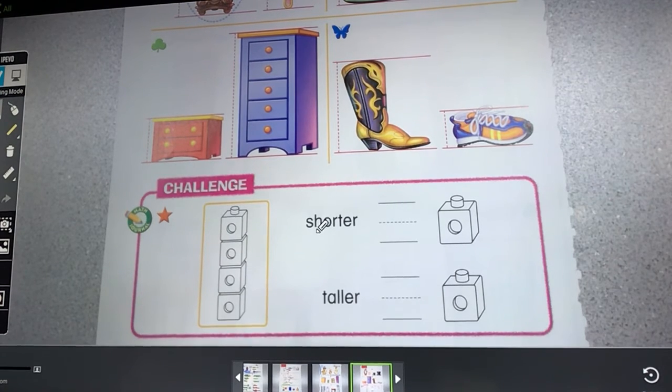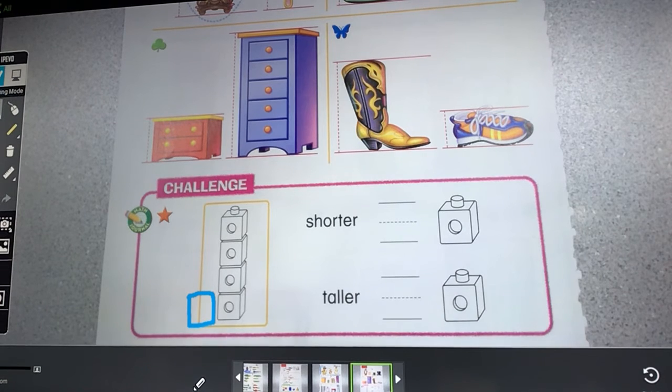And over here it wants you to make a tower that is shorter. This says shorter. How many blocks could you use and make a tower that is shorter? Go ahead and use your blocks. Keep the one with 4, but build another tower that is shorter. Now, it could look different ways. It could be 1 block.